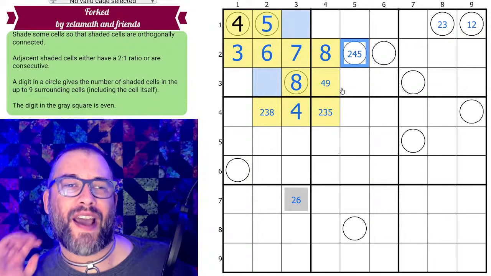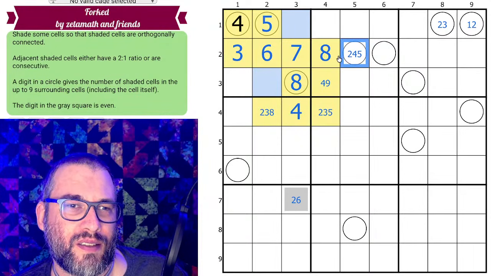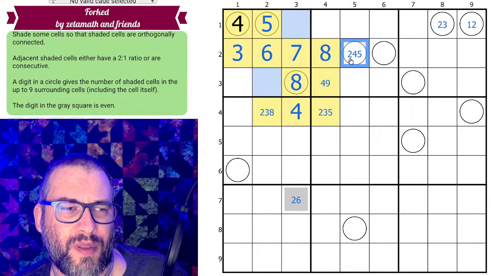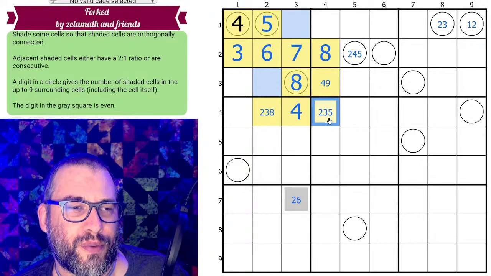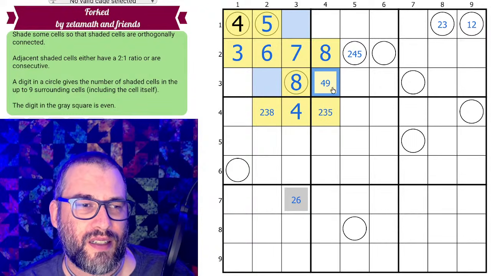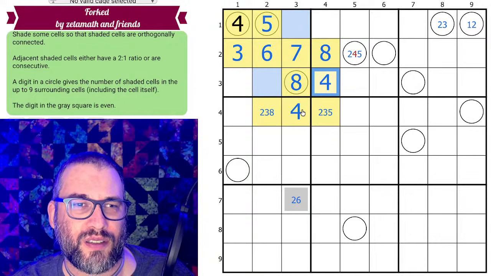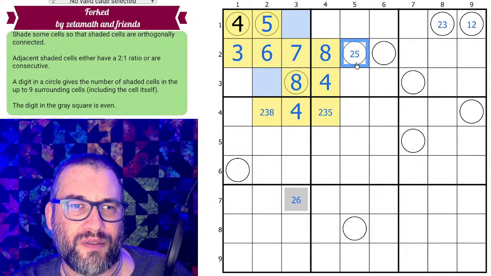You can never have 9 in a circle that's in the middle of a box. Actually, 9 doesn't connect to 2, 3, or 5, Todd points out. So this is just a 4. So this is only 2 or 5.